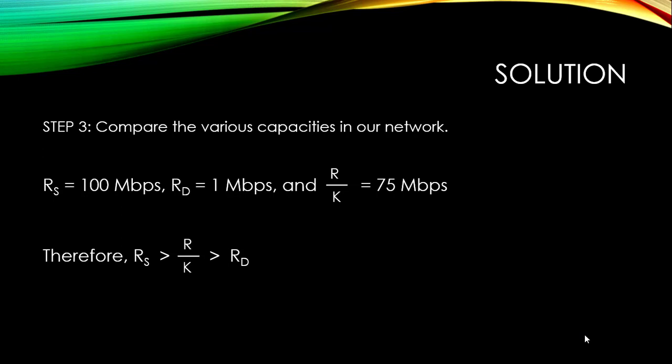When we compare that, we see that RS is the greatest, which is greater than our common link, R, which is greater than RD, which is the capacity link for the destination. So, once again, our least amount of capacity is going to be RD.